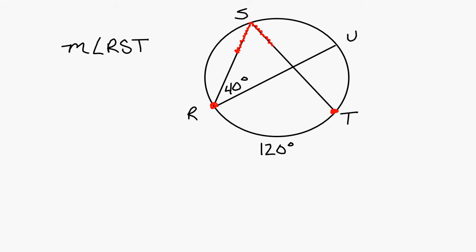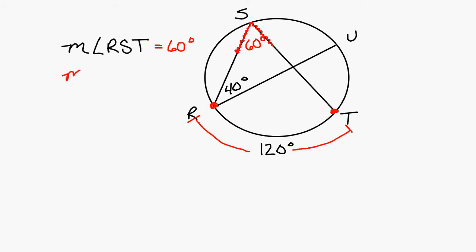The sides of this angle hit the circle at R and T. So if this arc is 120, well then what's this angle down here? It's 60 degrees. It's half the intercepted arc. So this is 60 degrees.